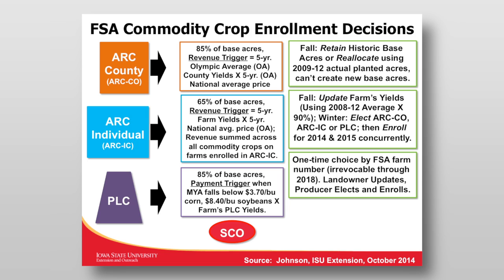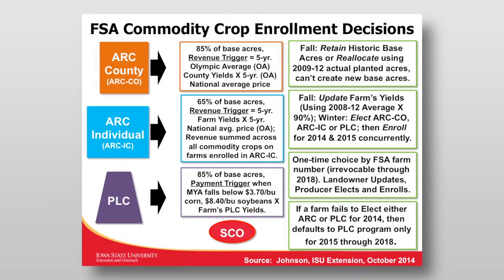Again, the landowner on a farm updates the base acres and/or the yields. It's the current producer on the farm that's responsible for this irrevocable contract that allows for an election of a farm program as well as the enrollment in the farm program.